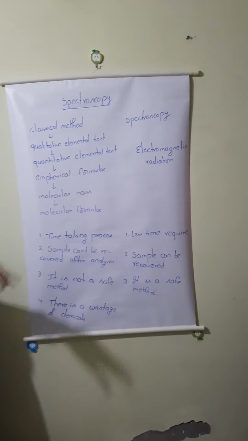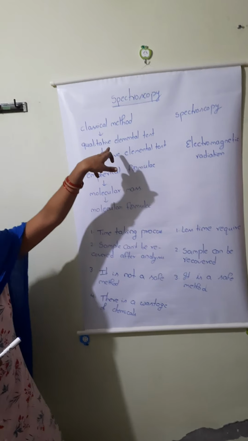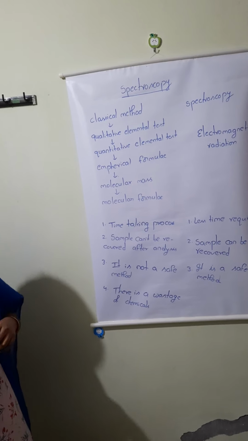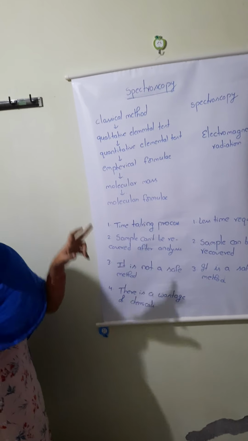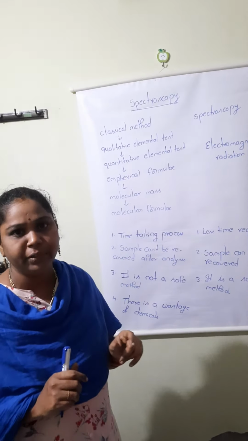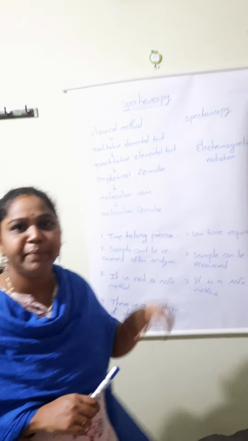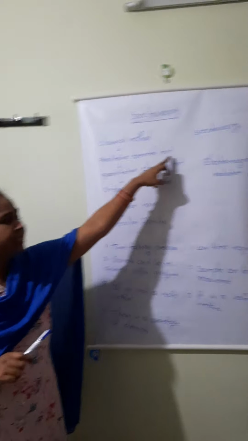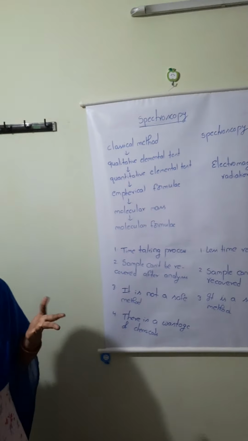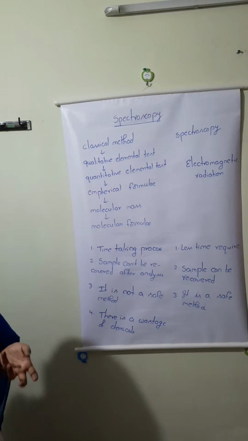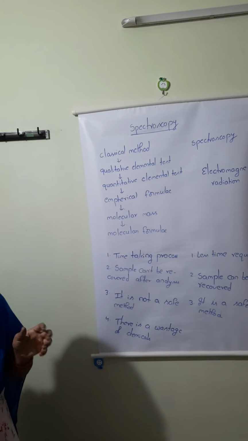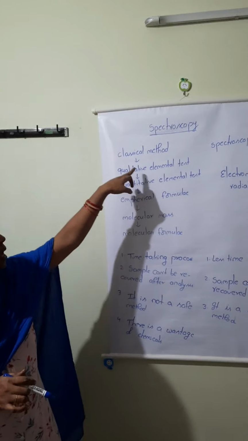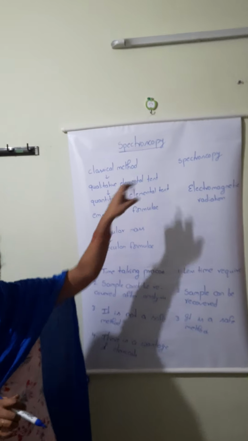In this method, a qualitative elemental test is done first, to find what element may be present in the compound. Using this method we identify the compound. The qualitative elemental test tells what element, for suppose carbon, nitrogen, any element, exists in this compound.